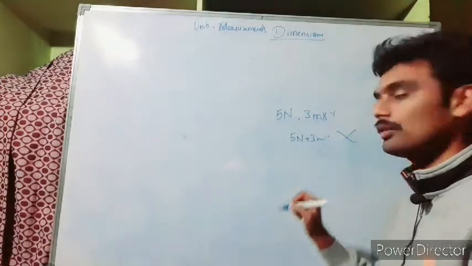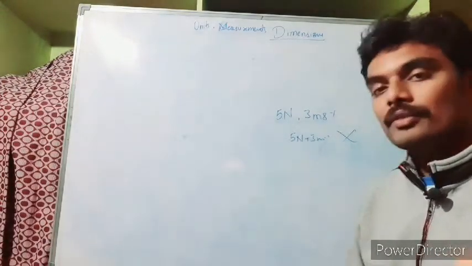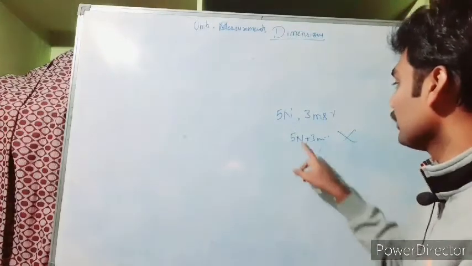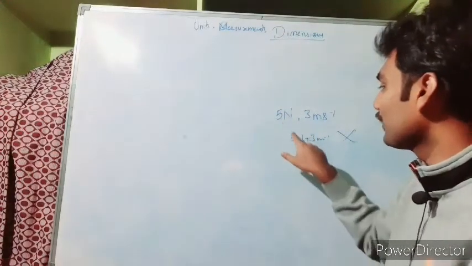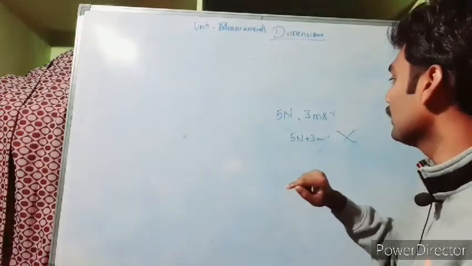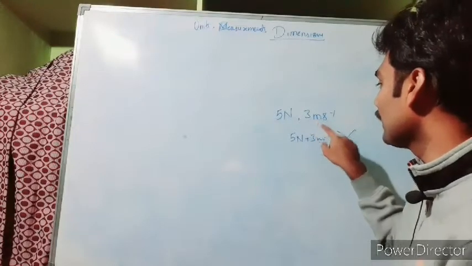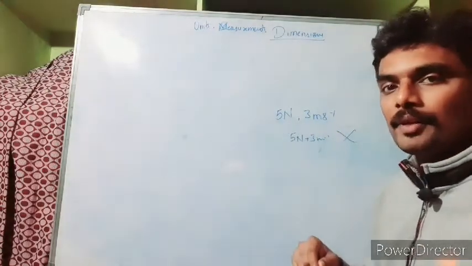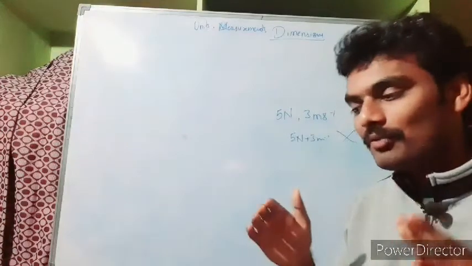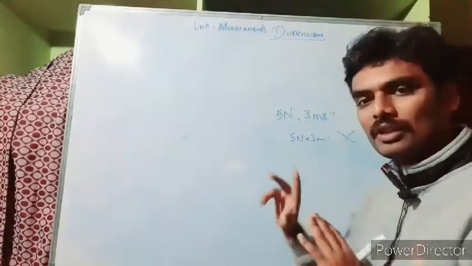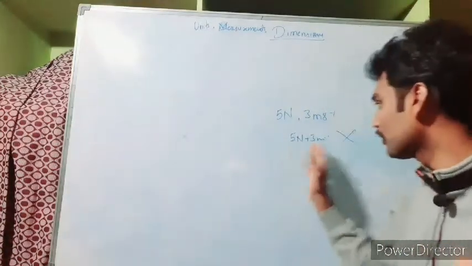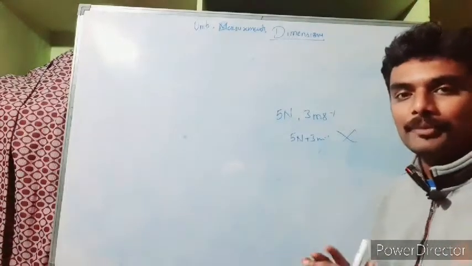No, this is wrong, because this force has a different unit and this velocity has a different unit. They're totally different quantities altogether. It is force, it is velocity, we cannot add them.